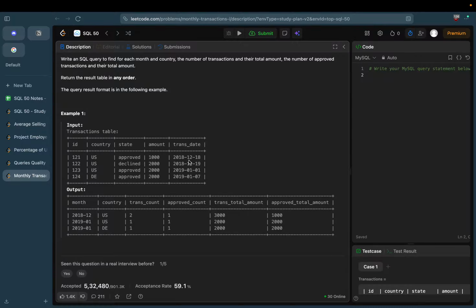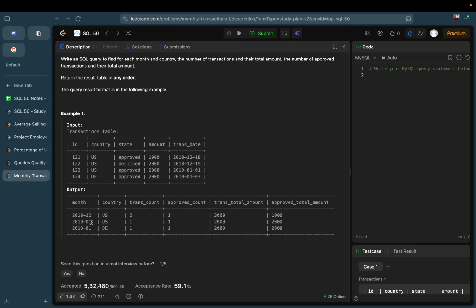Then we have the approved count, which is coming from a filter on the state. If the state is approved, then we are counting it, hence 1 is approved count. Total transaction amount will be the sum of both of these, that is 3000, and approved total amount will only be this one, so we're getting 1000.